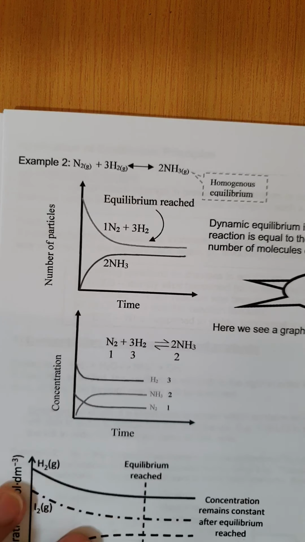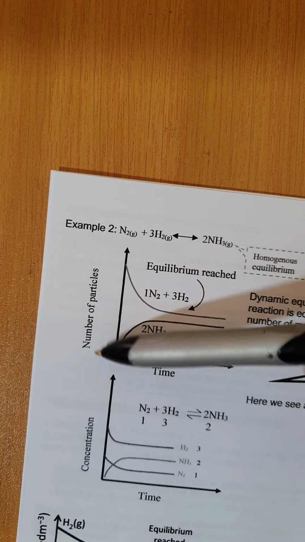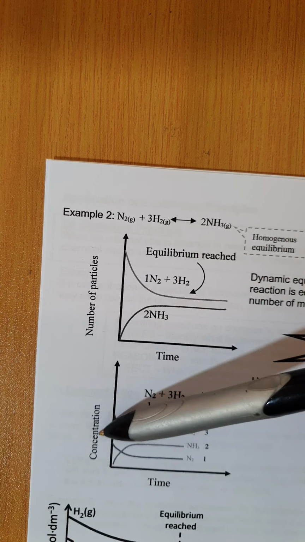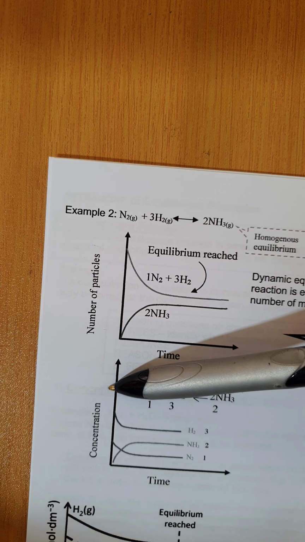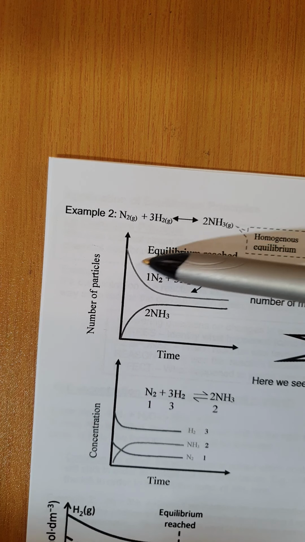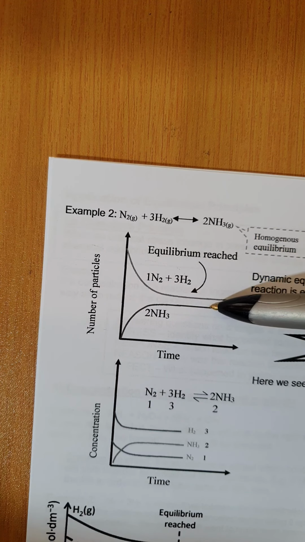So the next graphs we are going to look at are the graphs where we're taking a look at the concentrations or the actual number of particles here. Okay, now I've done this 2 ways, and you can get it like this, or you can get it with each individual reactant and each product having its own line, which I actually prefer.